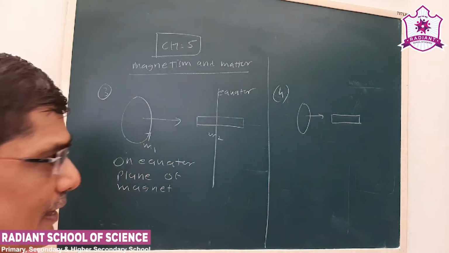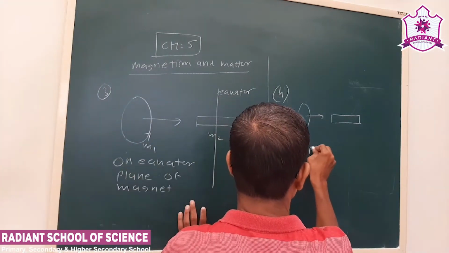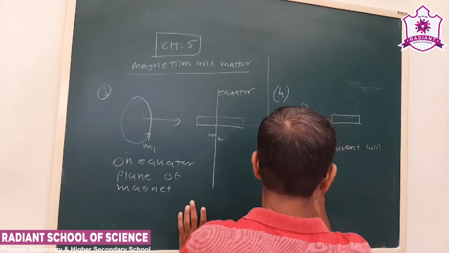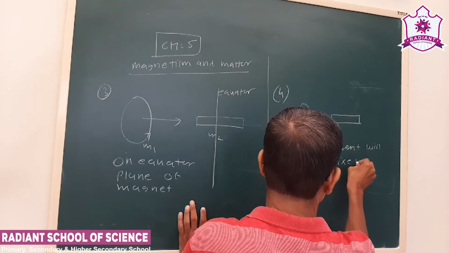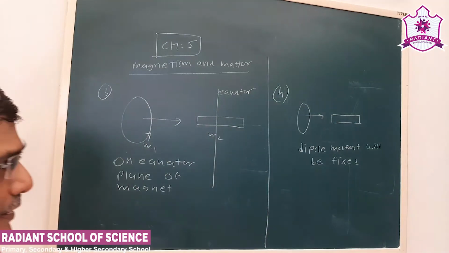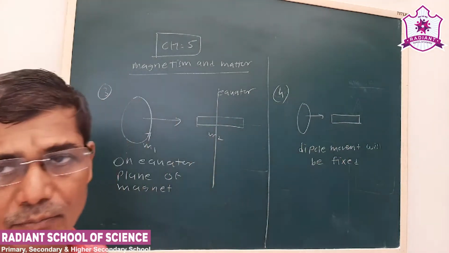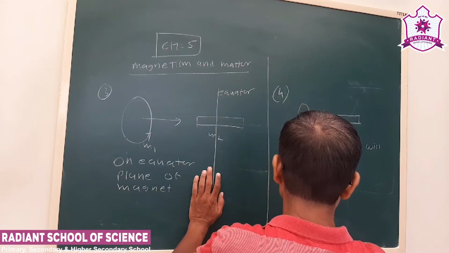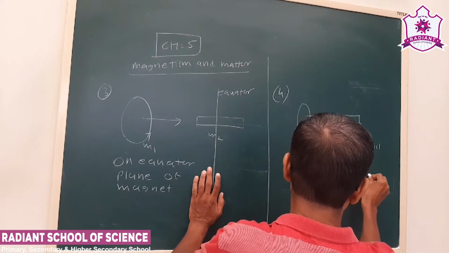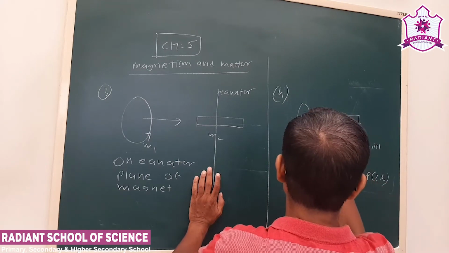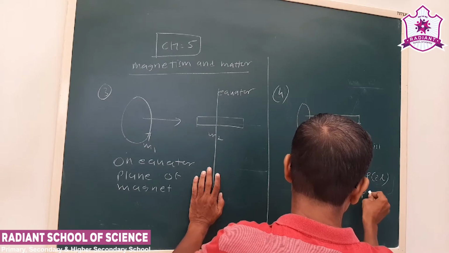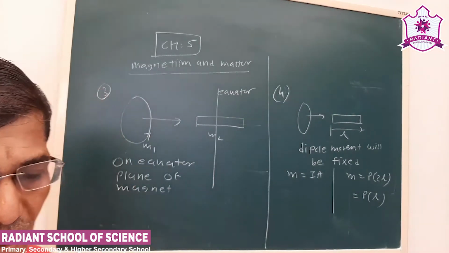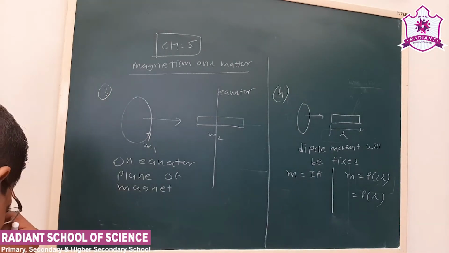Some books take length 2L, some books take the length L. So the dipole moment M will be IA, or m into 2L, or suppose they take length L, we can take L also. So this is how the dipole moment remains the same.